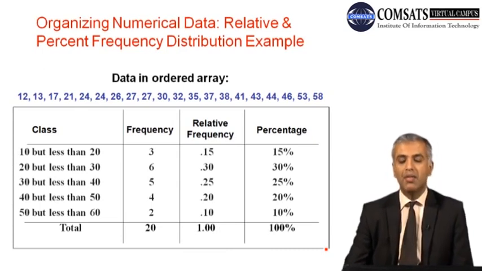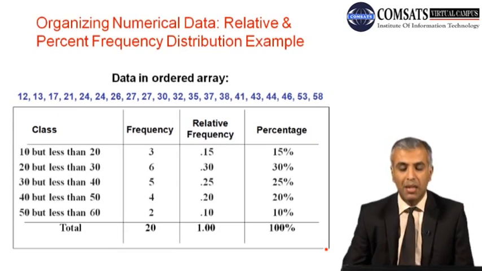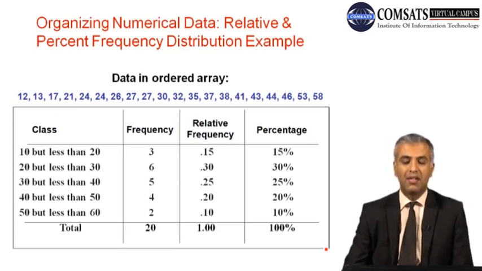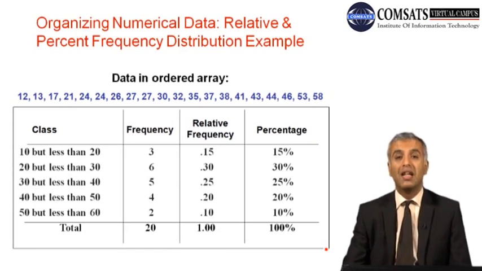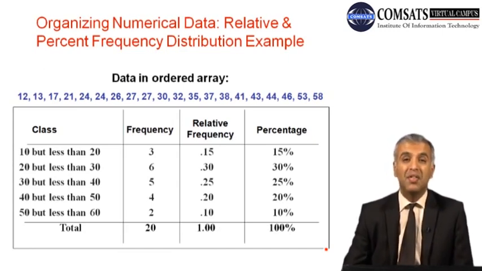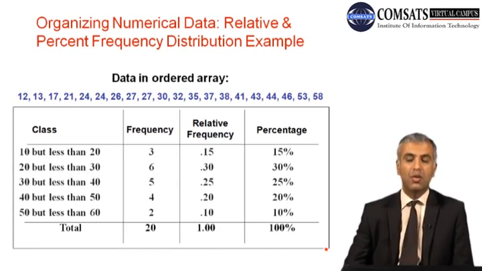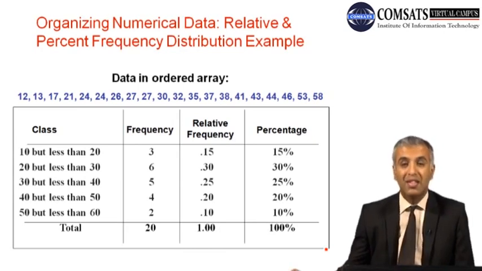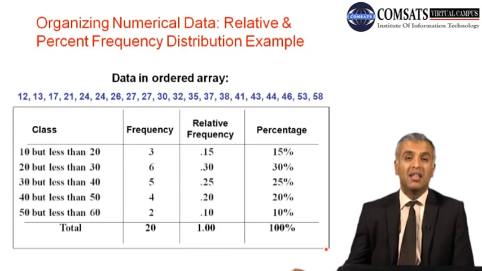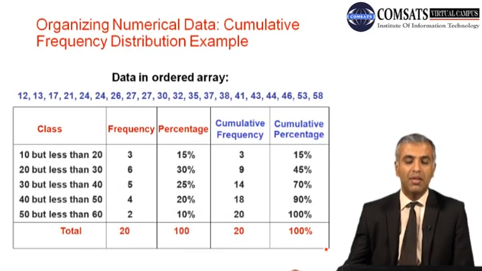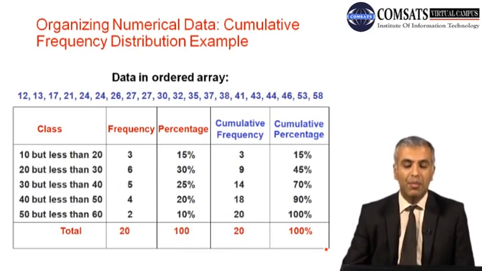The same thing converted into percentage by multiplying by 100 gives us the relative percentage of values lying in these various class intervals. A total of 100% is computed at the end to know that the values have been distributed correctly.